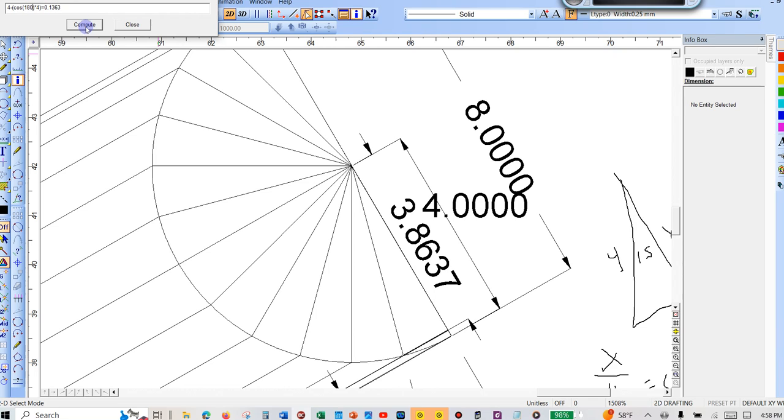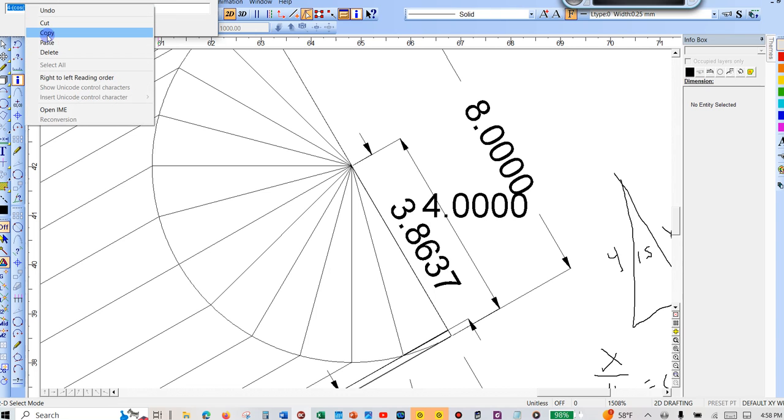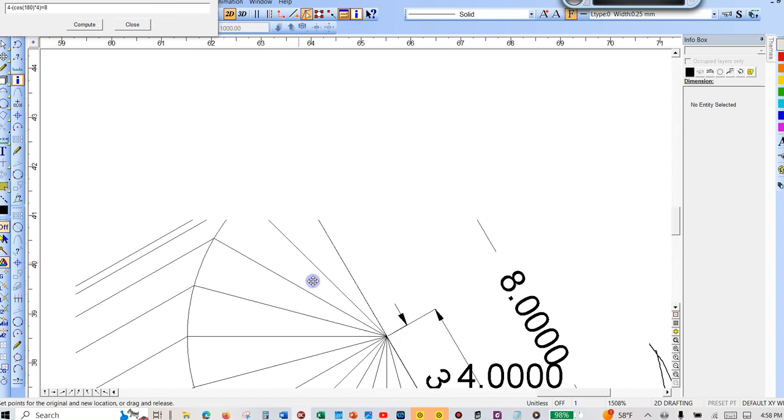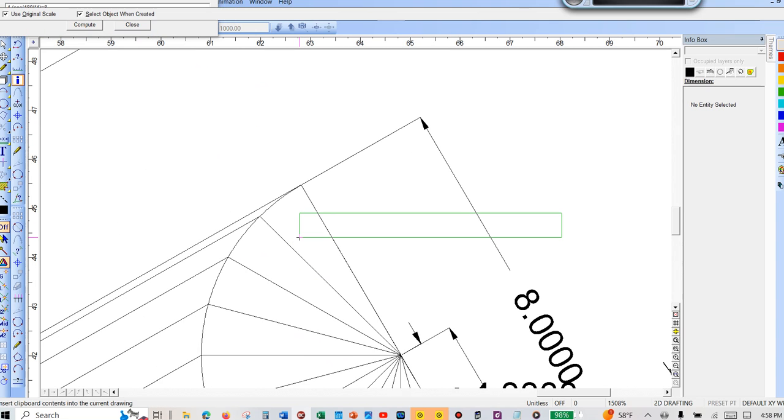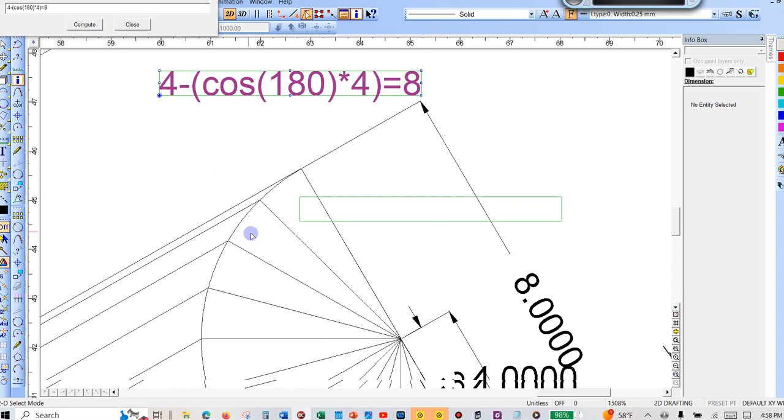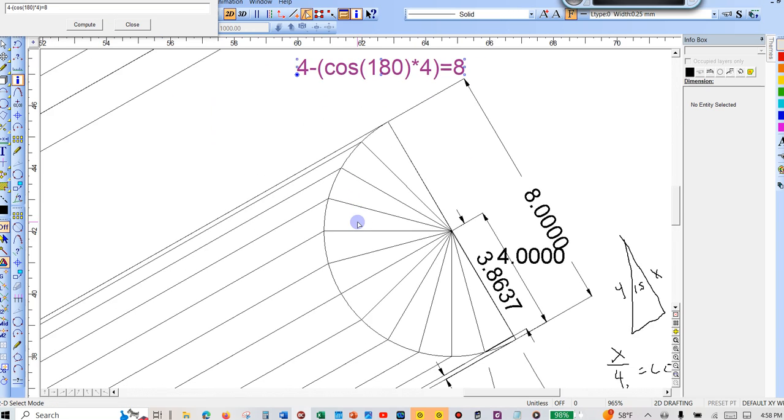And that should come out to 8, right? Control V equals, copy, Control V. So it works. I mean, it's just checking the formula.